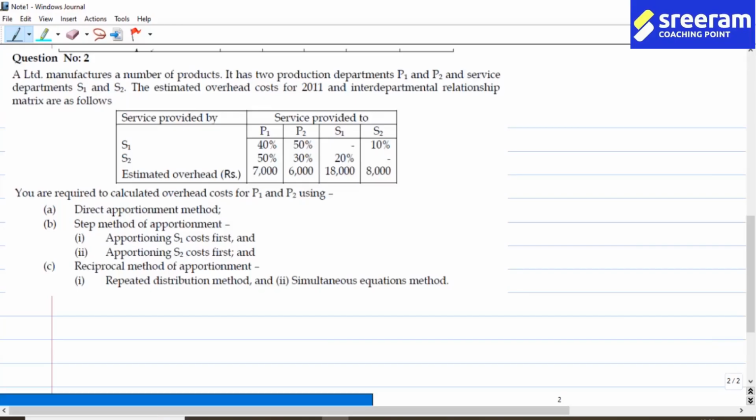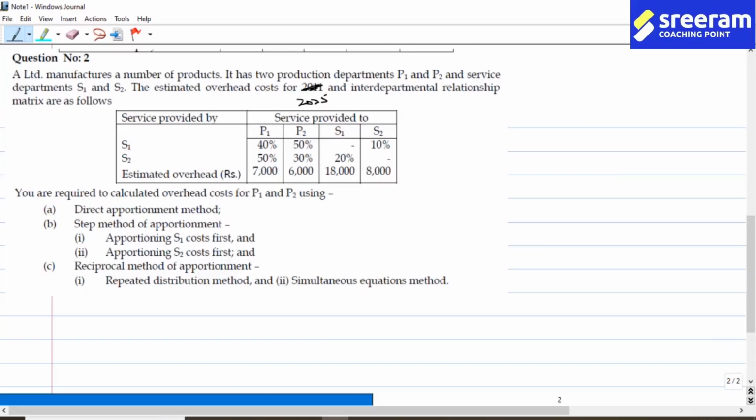Let me read out the question. A Limited manufactures a number of products. It has two production departments, P1 and P2, and two service departments, S1 and S2. The estimated overheads for the year 2025 and the interdepartmental relationship matrix are given below. Services provided by S1 and S2: 40%, 50%, and 10%; 50%, 30%, and 20%.